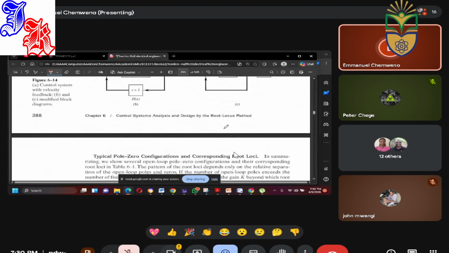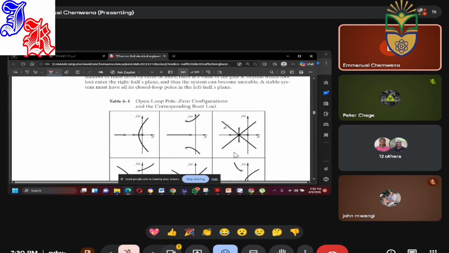Another final example. Let's look at this. Once you have this, you know, to the right is odd, to the right is odd, and to the right is odd. We expect a breakaway point here, and then it will take some asymptotes to infinity.